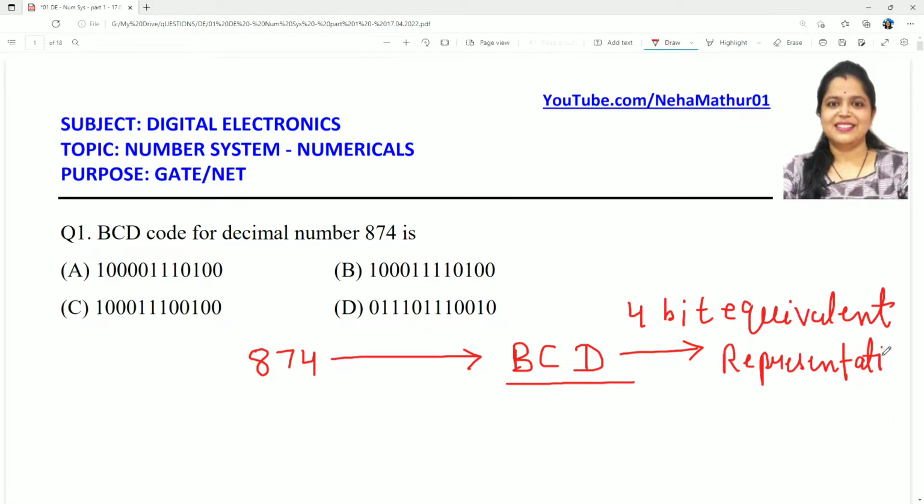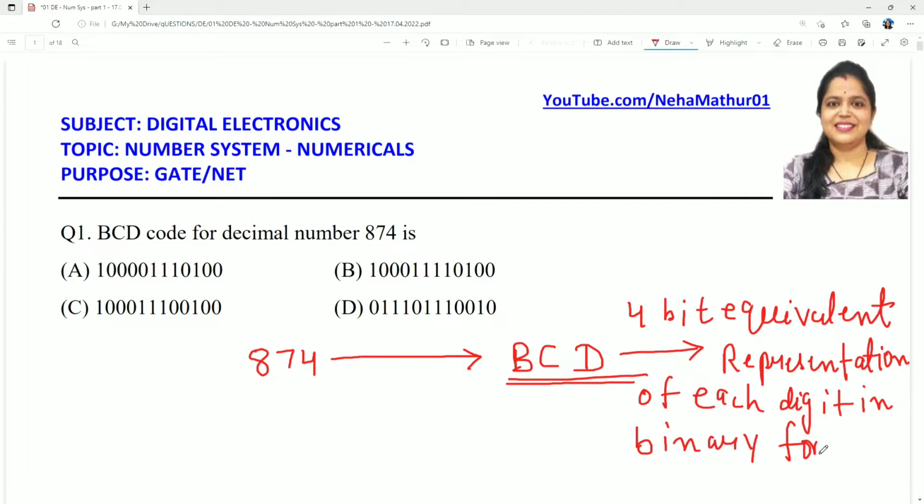the 4-bit equivalent representation of each digit in binary form. This is the simple meaning of BCD: you will have to convert each digit.